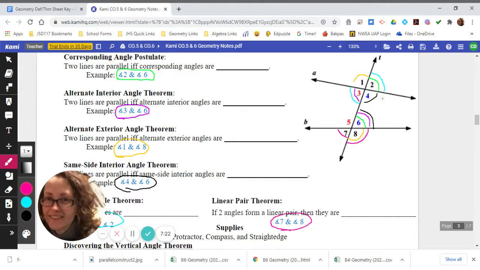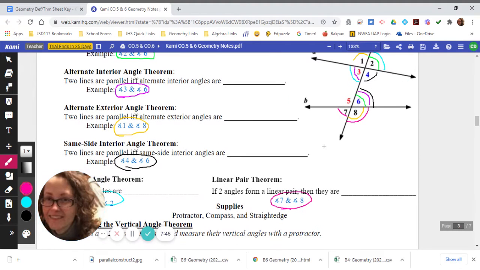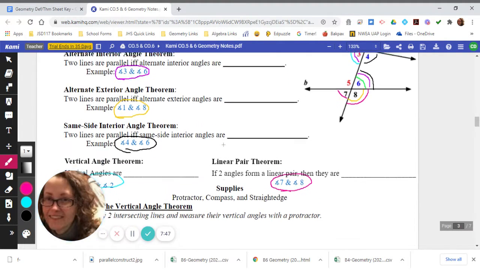I thought that the picture was going to be cluttered enough without doing every single possible option, but 2 and 6 are an example of corresponding angles. So angle 2 and angle 6. And then the same thing goes for all of the other angles. These aren't the only ones that I could have given you, but they are examples of those.